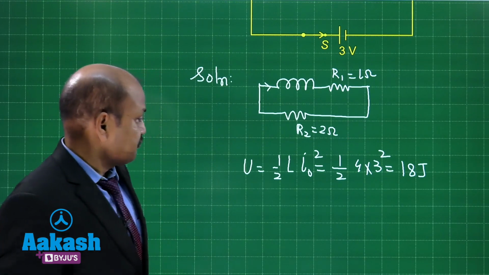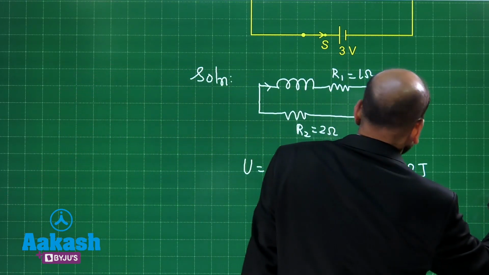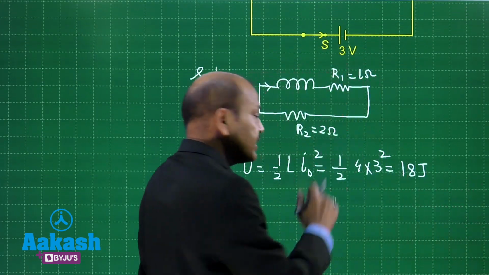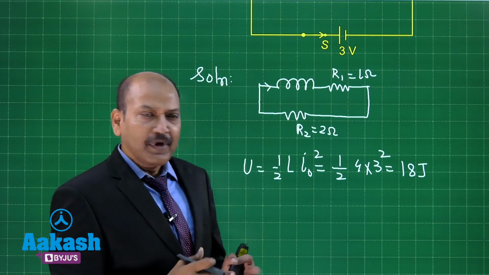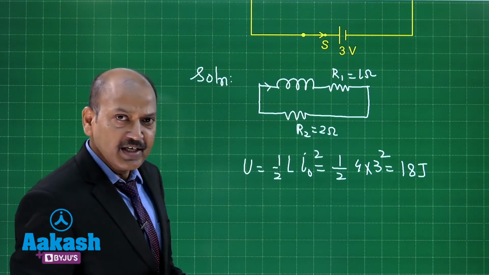That is the amount of energy stored in the inductor. Let us check the values once again, yes, it is 4 Henry. So, this is the energy stored, and once switch S is opened, the cell goes out of the circuit.